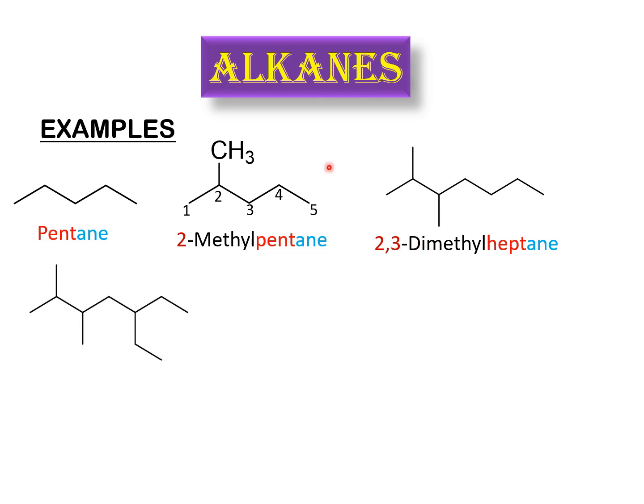Now we have another example, and let's see how many carbon atoms we can have in the longest chain. So 1, 2, 3, 4, 5, 6 and 7. 1, 2, 3, 4, 5, 6 and 7. 1, 2, 3, 4, 5, 6. 1, 2, 3, 4, 1, 2, 3. So the longest possible chain has 7 carbons again. So there are 2 chains where we have 7 carbons.